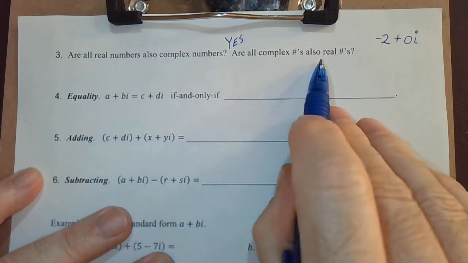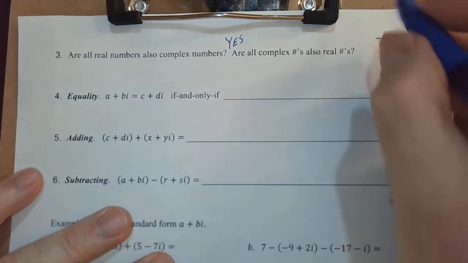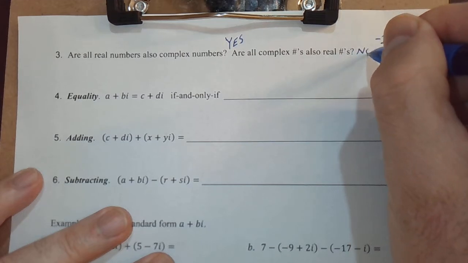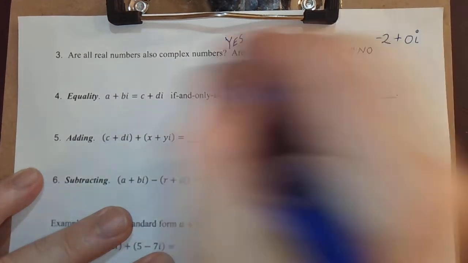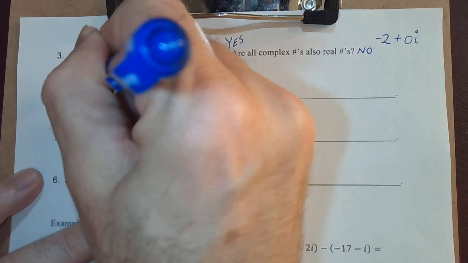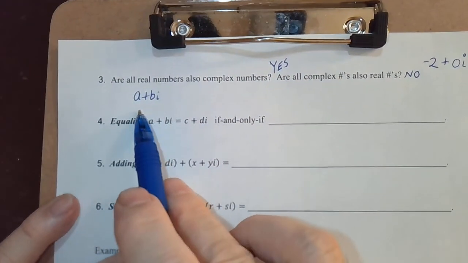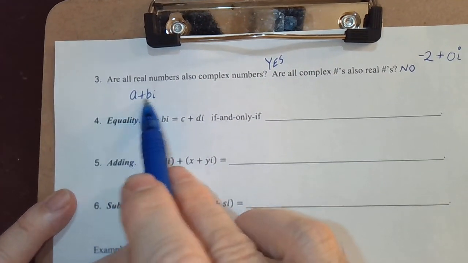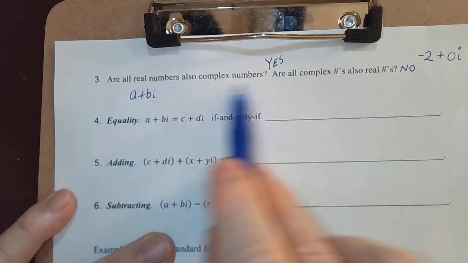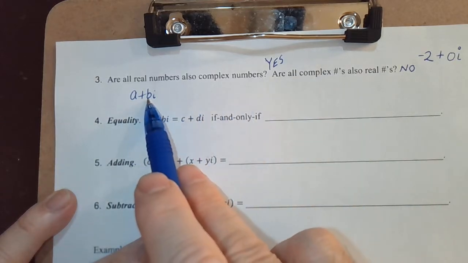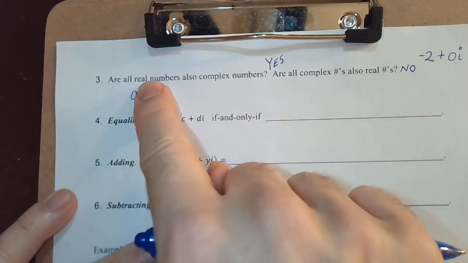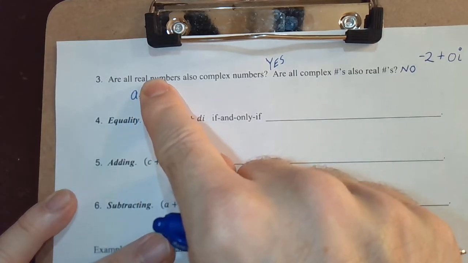Are all complex numbers also real numbers? Absolutely not. Let's write down the standard form for a complex number, a plus bi. A and B are both real numbers. If B happens to be 0, then this is just A, the real number.